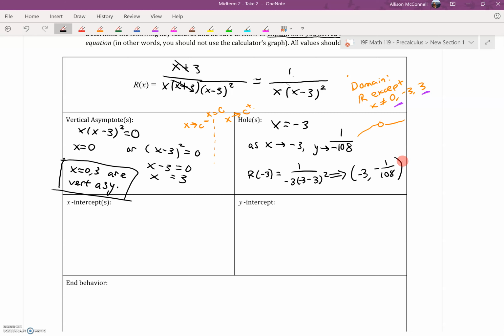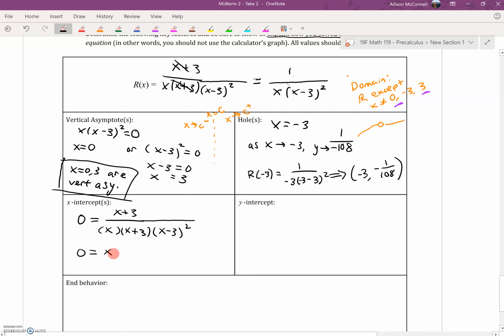Now, x-intercepts. So an x-intercept, if we think about what that is, basically is whenever y is equal to 0. So we get (x plus 3) over x times (x plus 3) times (x minus 3) squared. If you notice, if I multiply this denominator over to the other side, I just get left with 0 is equal to x plus 3.